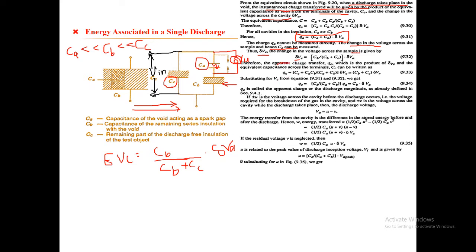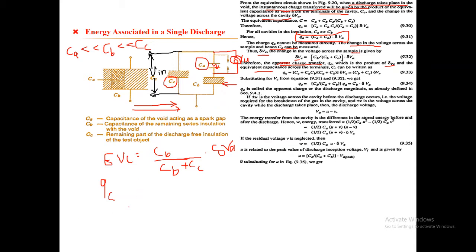So the apparent charge is represented by QC, which is the product of delta VC and the equivalent capacitance when looking at the circuitry from the CC side, meaning the healthy capacitance side.